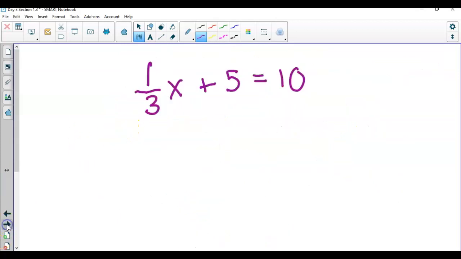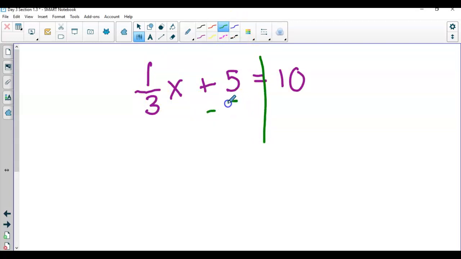When there's just one fraction like this with the variable, then this is just another thing, and I just want to show you all the different ways. In this case, when I get rid of that 1/3, I'm just going to do the multiplying of the reciprocal. So some of you have learned that before.